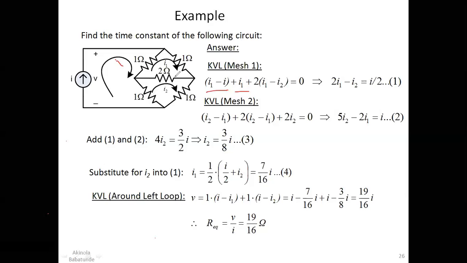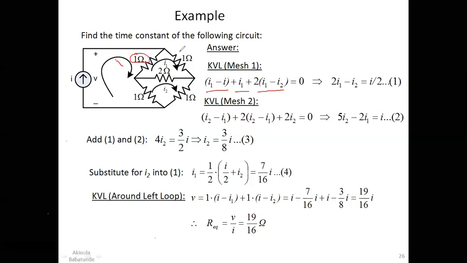And then for 2 ohms, you see that I2 is passing through 2 ohms, and I1 is also passing through it in the opposite direction. So since we're dealing with this first loop, it becomes I1 minus I2. That's the difference between the two currents. (I1 minus I2) multiplied by 2 gives us the voltage across these 2 ohms. All right. So the voltage across this 1 ohm here is (I1 minus I) multiplied by 1.